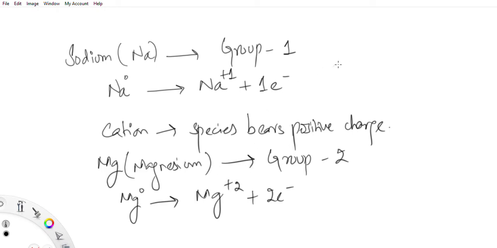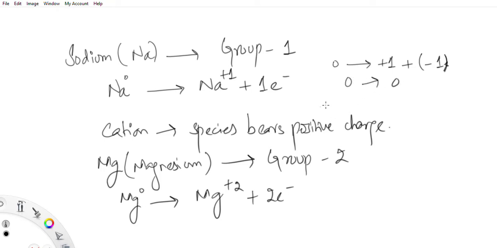Sodium on the left hand side is having 0 oxidation state, but on the right hand side it bears +1. Now in order to balance this equation, we will add one electron, and an electron bears negative charge, so +1 minus 1 becomes 0.